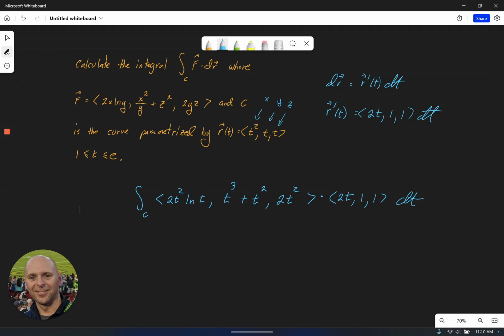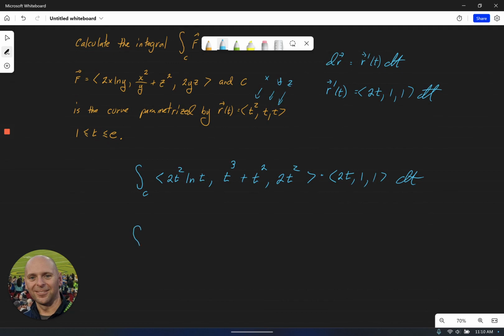At that point, you just go ahead and find that dot product. We're going to go from our integral 1 to e over our curve C. Our dot product is going to look like 4t cubed ln t plus t cubed plus t squared plus 2t squared dt.